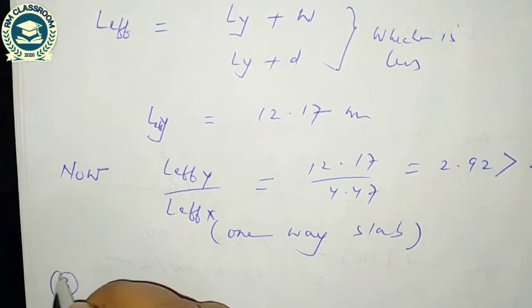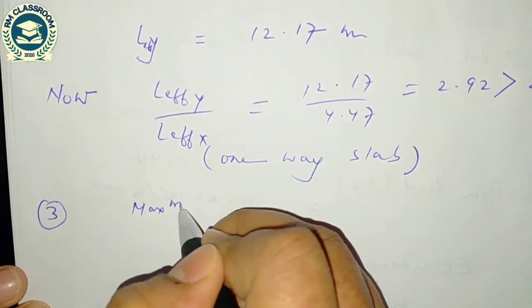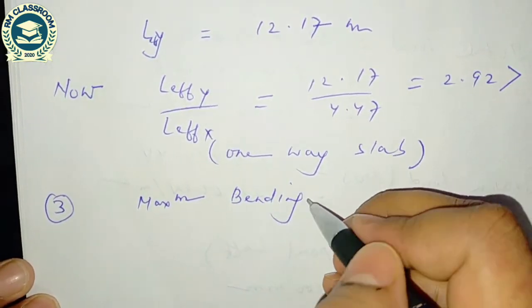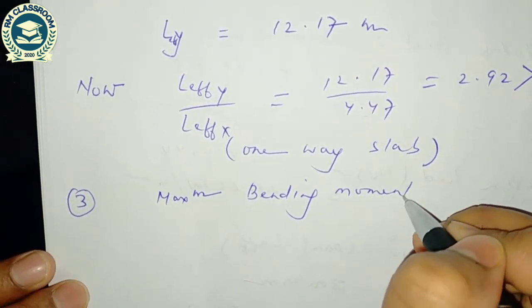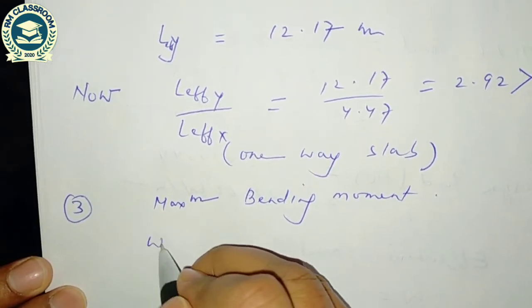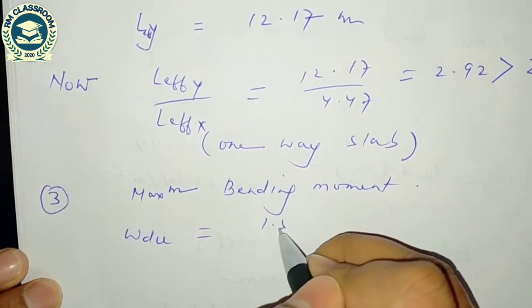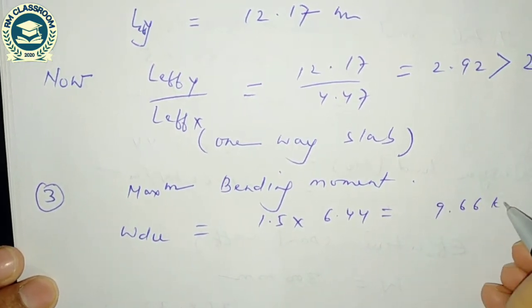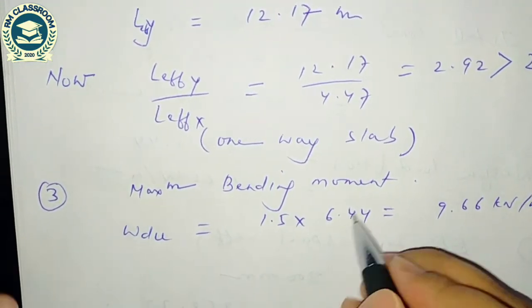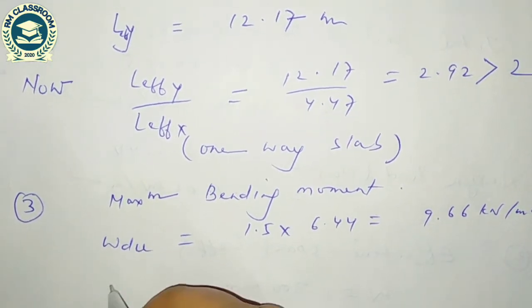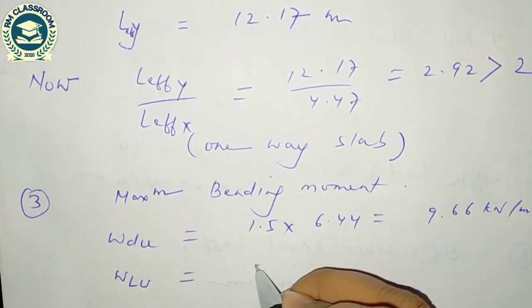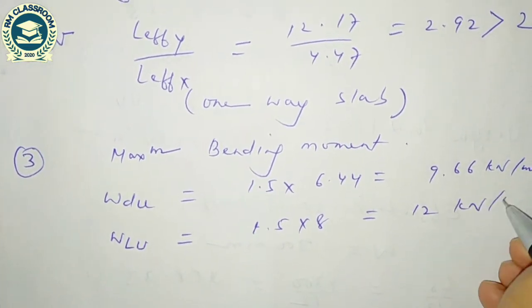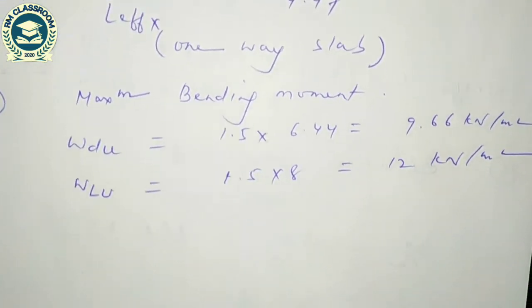Now third step is maximum bending moment. So factored dead load is 1.5 times 6.44, so it is coming 9.66 kilonewton per meter square. We have already computed the dead load. Similarly, factored live load is 1.5 times 8, so 12 kilonewton per meter square.